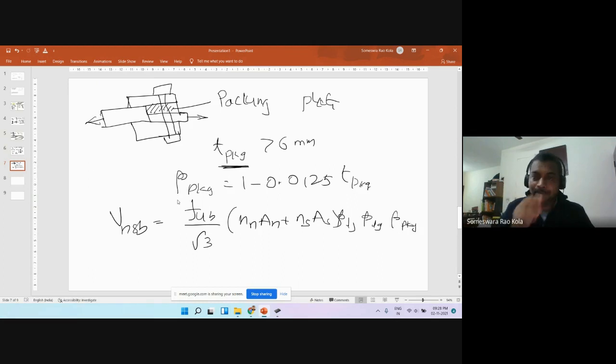We are going to multiply them. Here t pkg is the thickness of the packing plate. So whatever reduction can happen will contribute towards the reduction in the shear strength. I hope shear strength is clear.